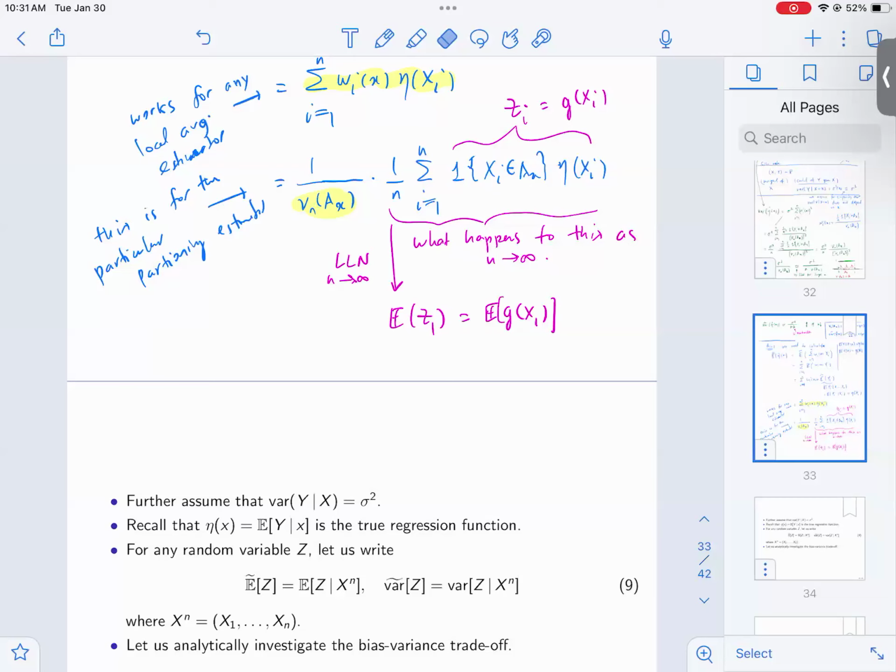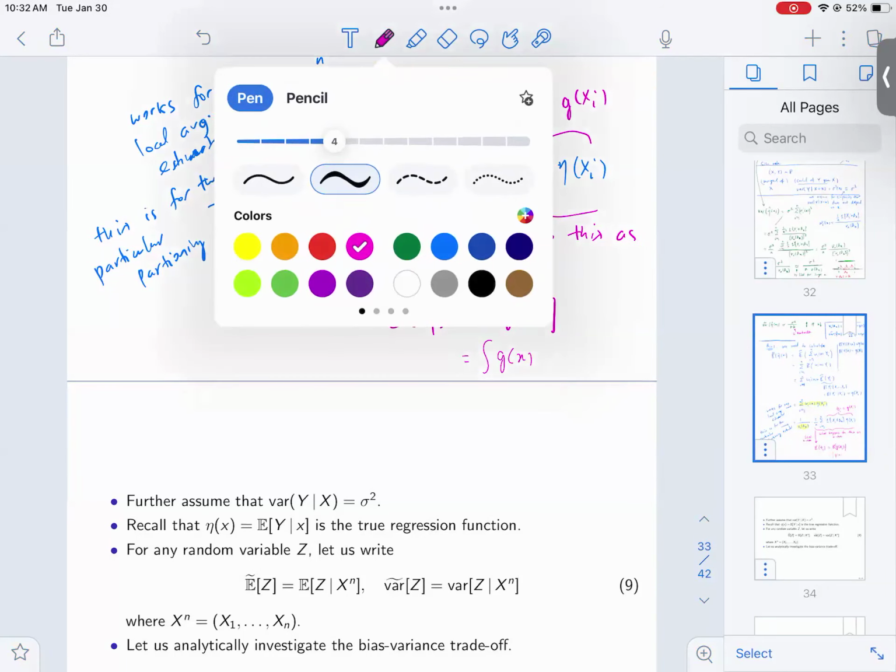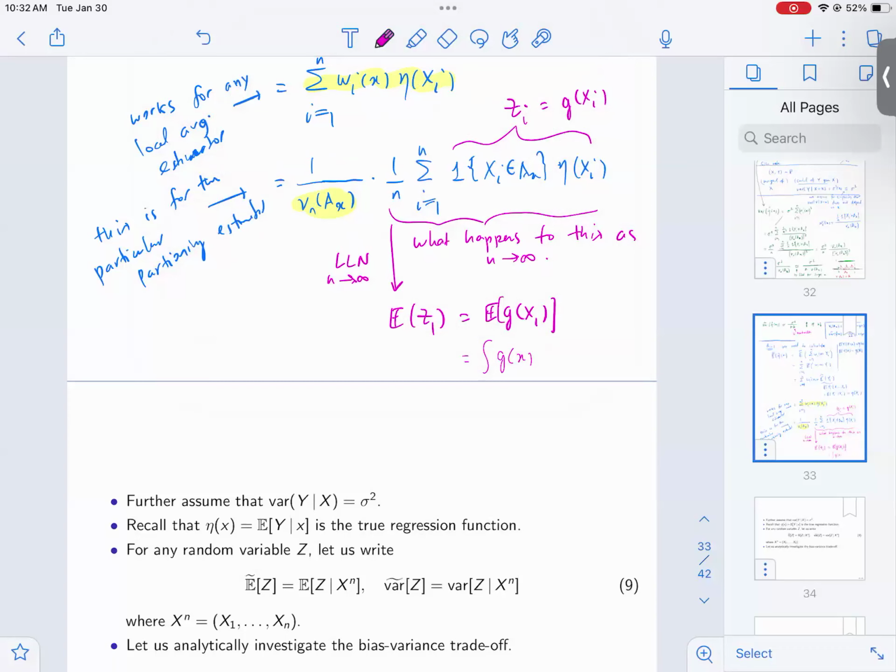Can you tell me how to write down the integral? Integral of g of x, f_X, yes. Okay, you're good, so I used to write it like that.